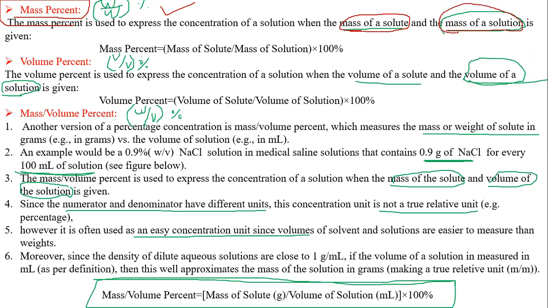How do you find mass percent? Mass of solute, or weight of solute, upon weight of solution, or mass of solution. Very important: you are considering the solution here, take it in the bracket, into 100. In this way you can define weight by weight.